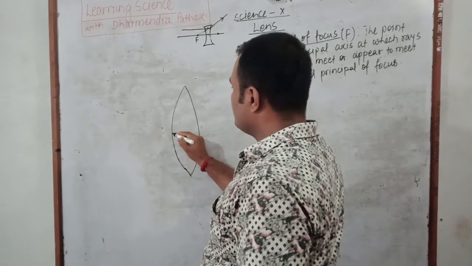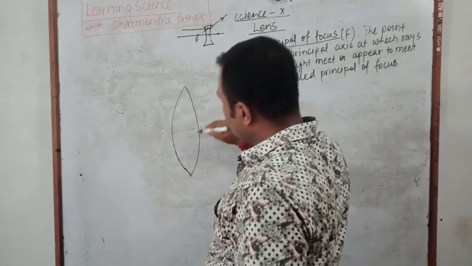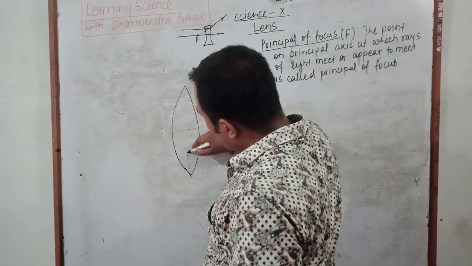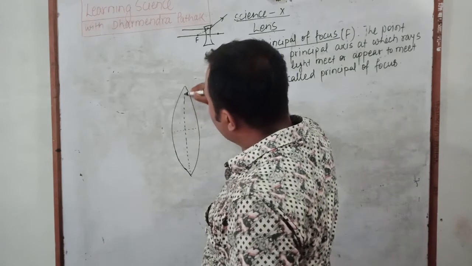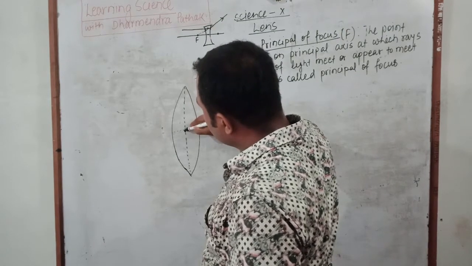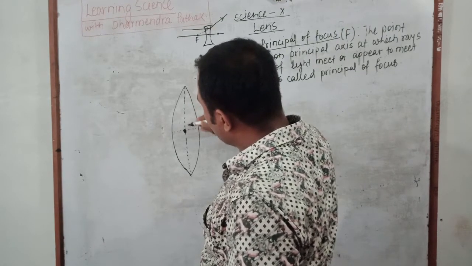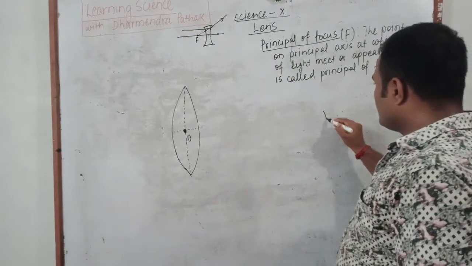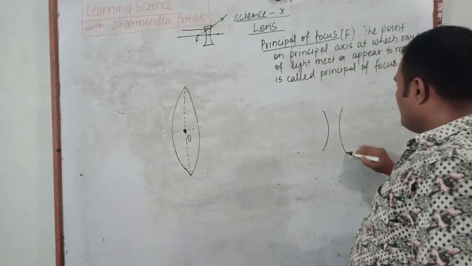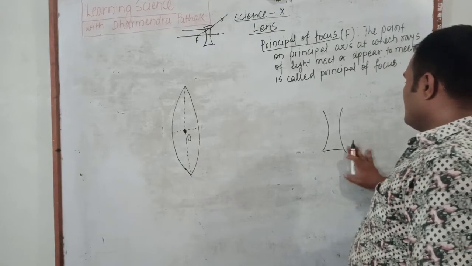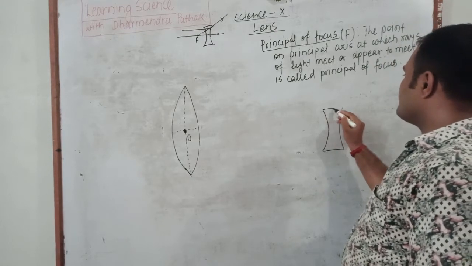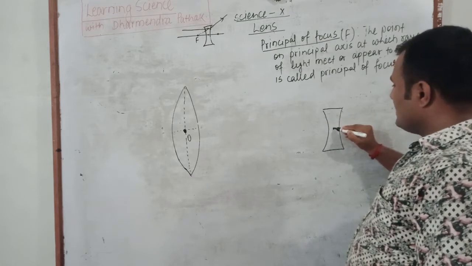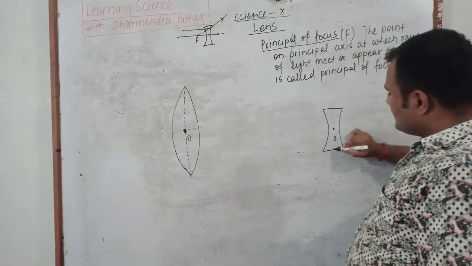Convex lens has a thick bulged part, and the central point of the lens is called optical center. In case of concave lens, we draw two non-overlapping parts of a sphere, and its central part is called optical center.